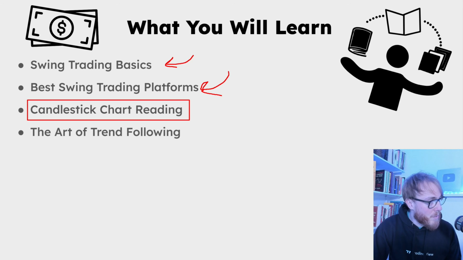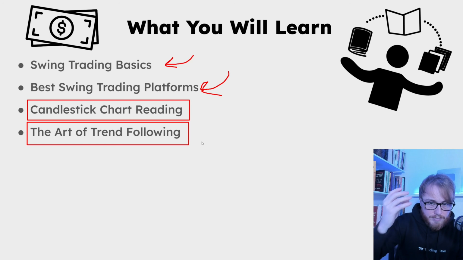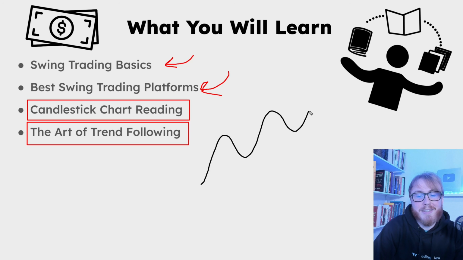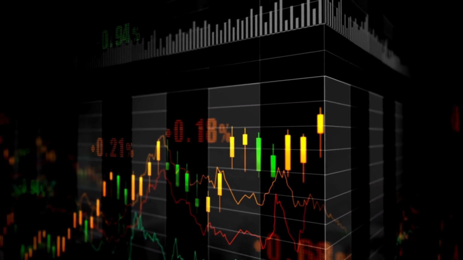But now, after chapter 3, we are finally ready to take a look at the art of trend following. And this right here, chapter 4, is, in my opinion, one of the most important chapters of the whole course. Because when we swing trade, our goal as swing traders, let me actually draw here, is to basically catch the swings of the market, as we can hear in the name. So we will talk more about this later, but the foundation of swing trading is that we want to trade in the same direction as the trend.